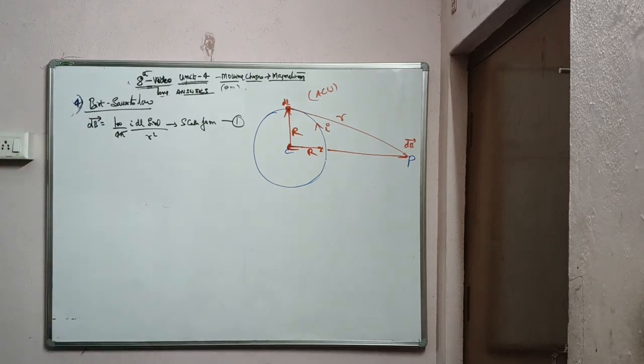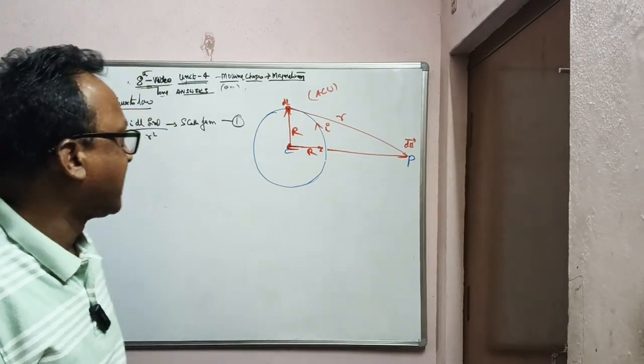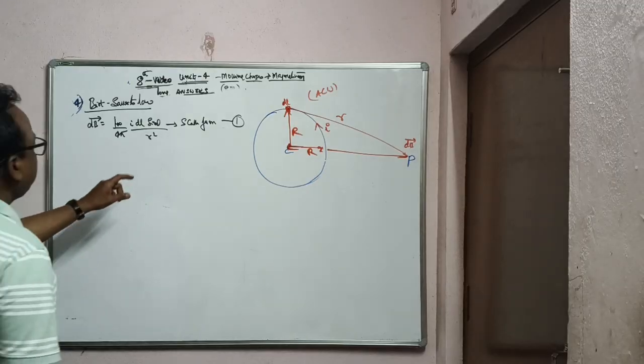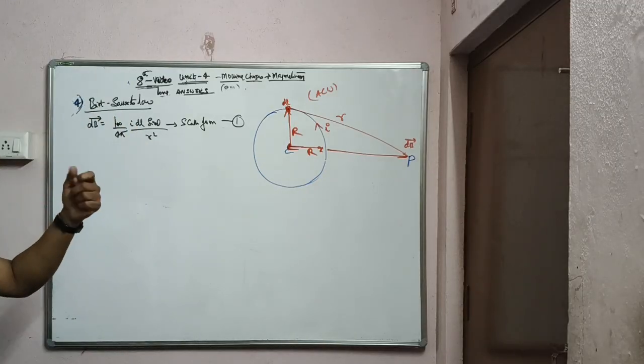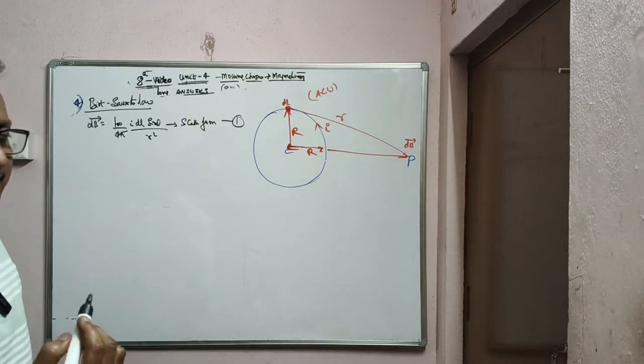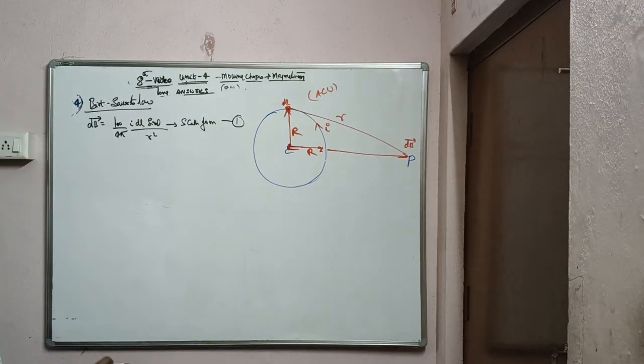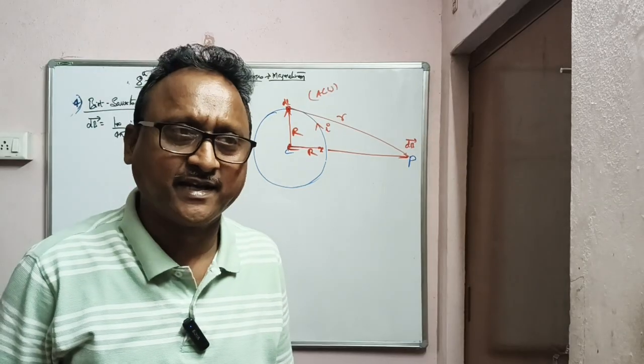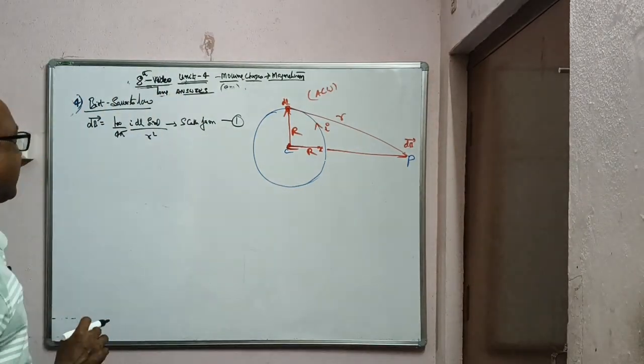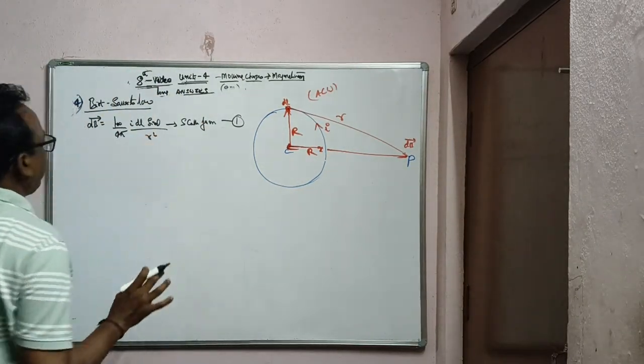So that means the magnetic field at any point in space is directly proportional to the strength of current, the elemental length taken from the current carrying conductor, and also directly proportional to sine of the angle, and inversely proportional to the square of the distance of that point considered from the conductor carrying current. So this is the statement of Biot-Savart's law.